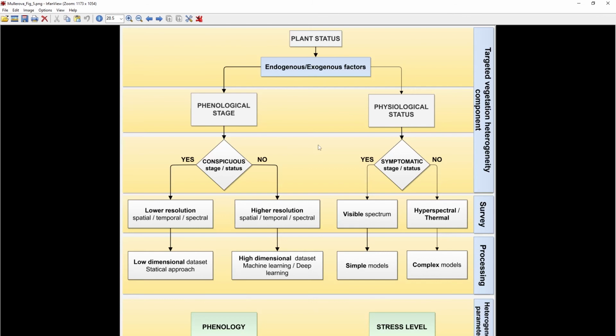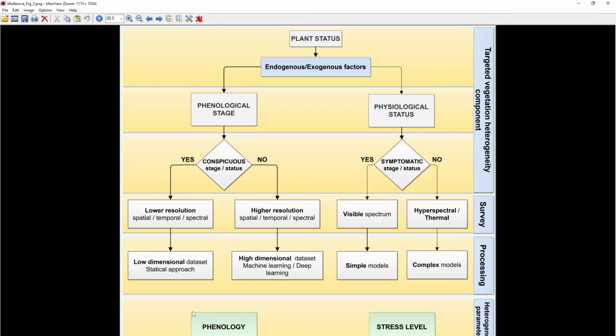If the phenomenon is easy to distinguish, we might be happy with lower resolution data and simpler models, whereas in case it is not symptomatic and is difficult to distinguish, we would need more sophisticated sensors with high spectral, spatial, and temporal resolution, for example, hyperspectral data or thermal data, and more complex models, for example, deep learning.